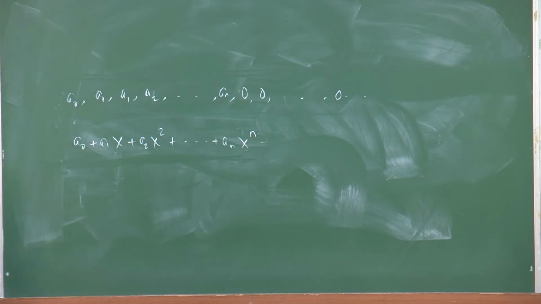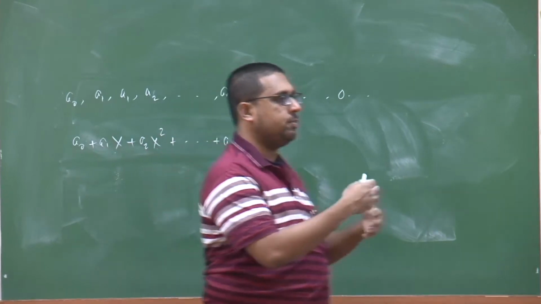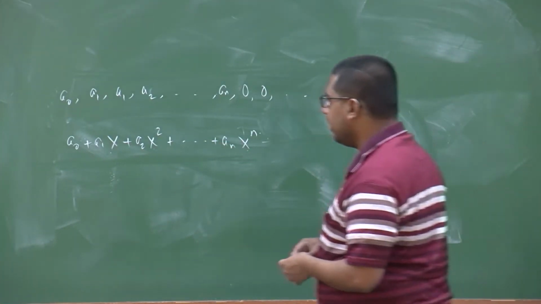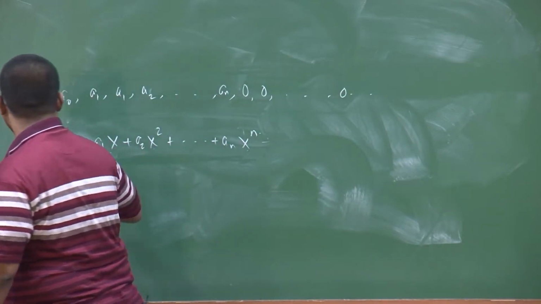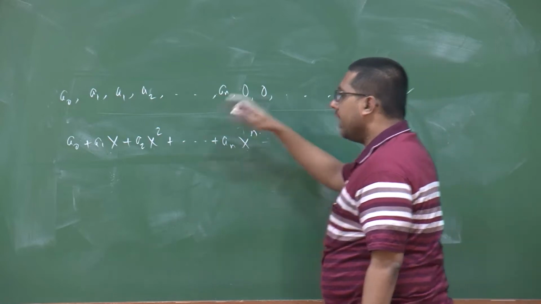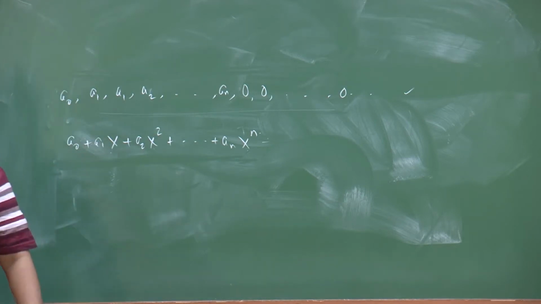The main reason is that if we consider sequences, then on the space of sequences, of course we can add and multiply pointwise. So, if I take any two sequences of this type and add them the way we add sequences, that of course corresponds to the usual addition of polynomials, right.